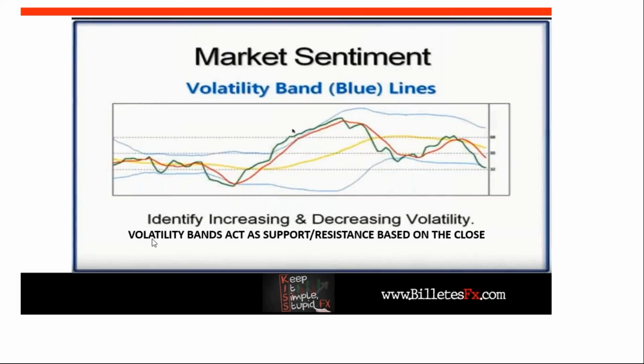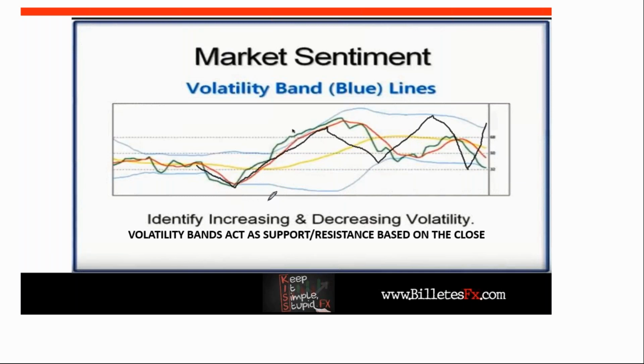Also, the volatility bands act as support and resistance based on the close. Like look what is happening. It bounces, bounces, bounces, bounces. It's just bouncing off the volatility bands.